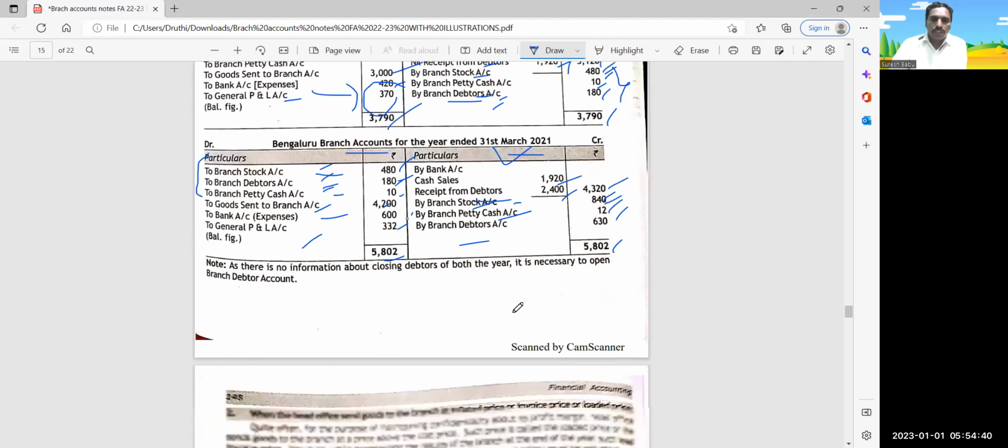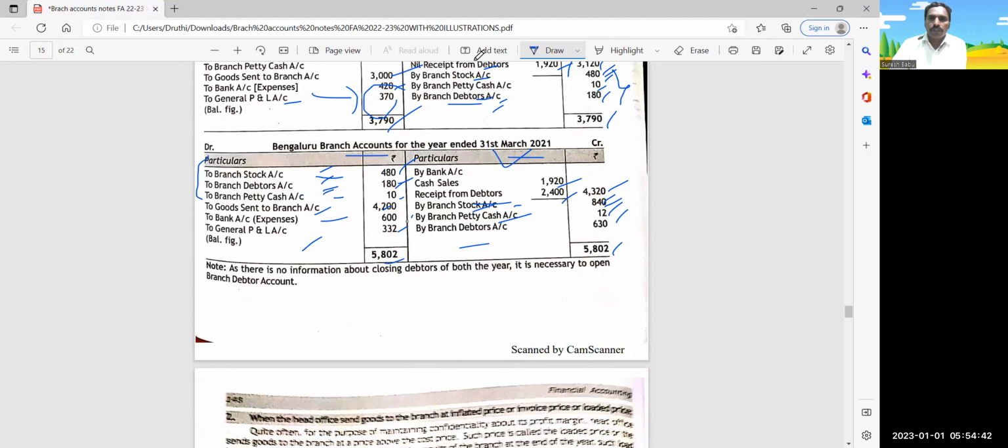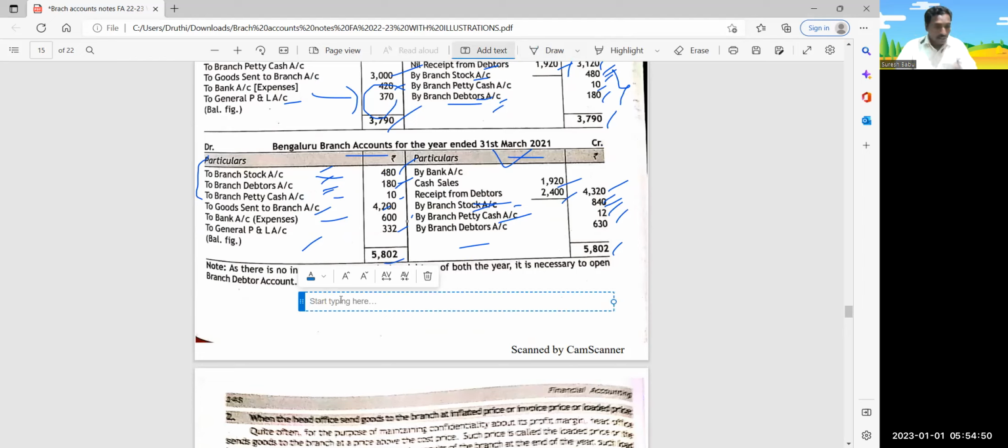So what are the steps? Okay, what should I do here? See, the steps are, okay, I will type here and show you.